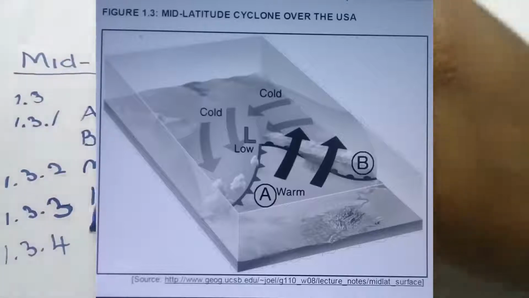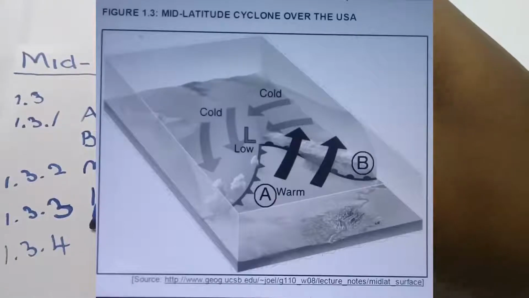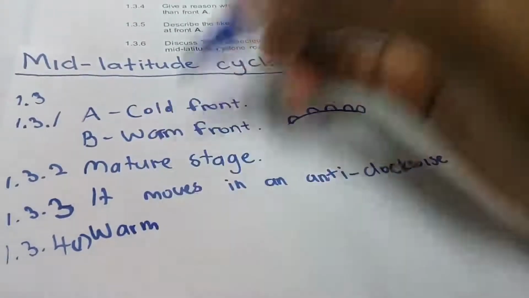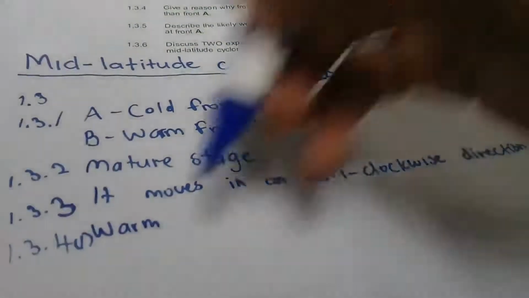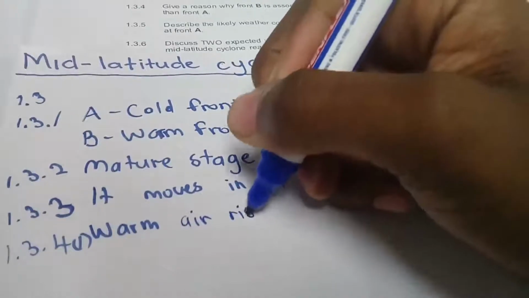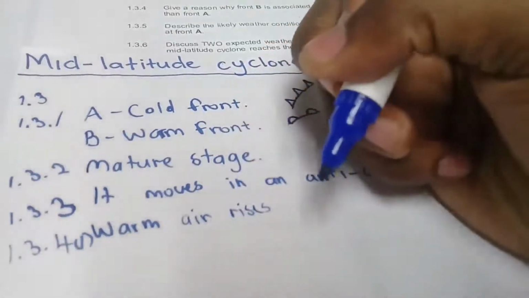So, in the warm front, warm air rises. That's your first point. How many points? They said 1. Warm air rises. That's number 1.